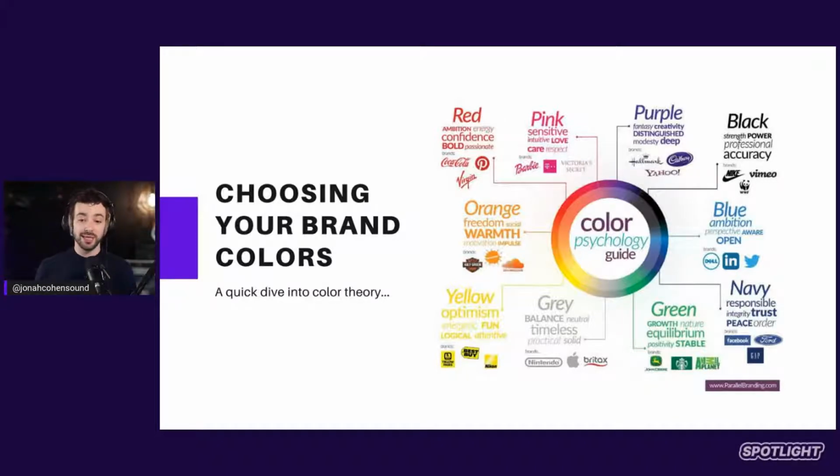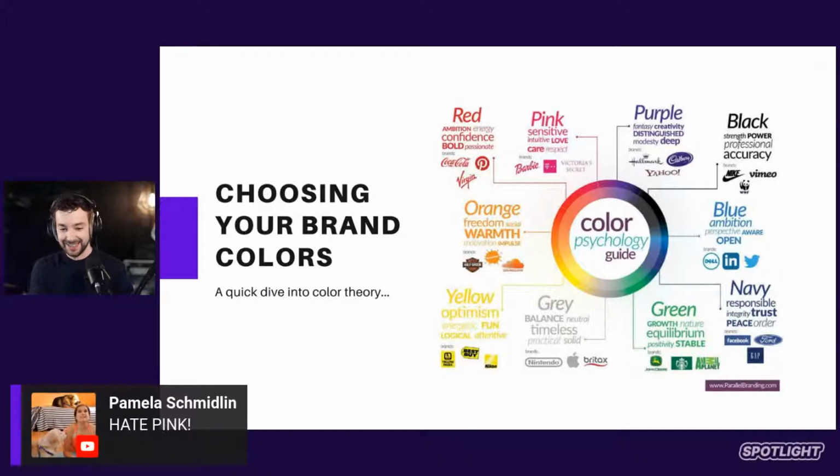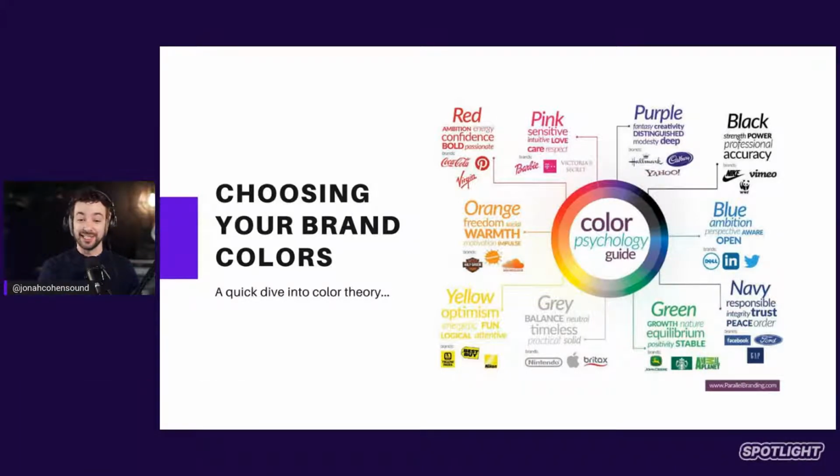Take a minute with a piece of paper, and I recommend only choosing three colors. Not necessarily including black and white, because we'll talk about how you will need black and white versions of your logos for various places. Pamela here is saying, yes, hate pink, right? So, Pamela, pink may not be there for you, but there are aspects of pink that are also in red and also in navy.